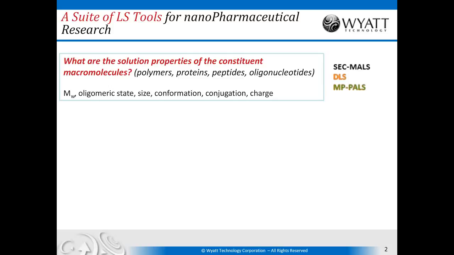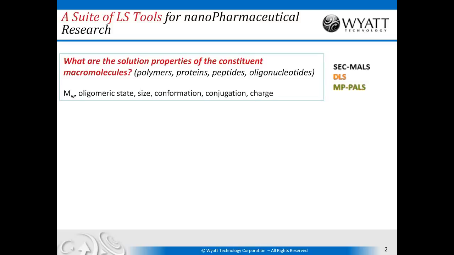And the properties of those macromolecules that we'll be characterizing with light scattering include molecular weight, oligomeric state, size, conformation, conjugation, for instance, if it's a copolymer or a protein bound to a carbohydrate, and charge.